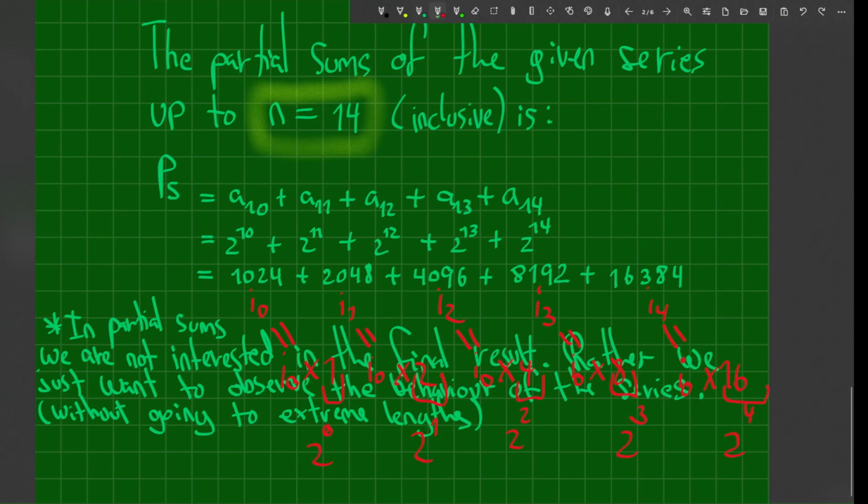So along these terms, we see that there is a fixed portion, which is the base in this case. So the base is constant, and the thing that varies is the power.